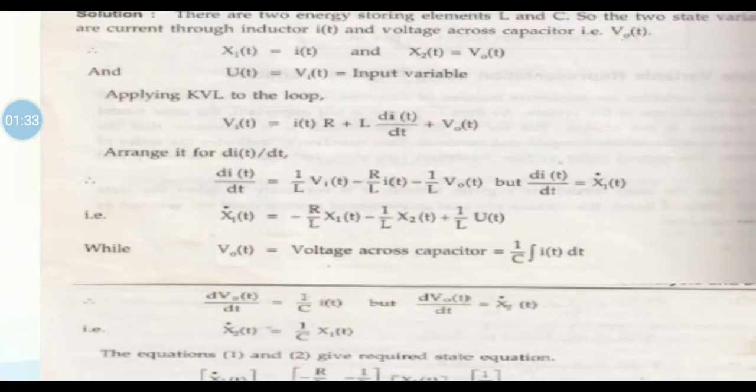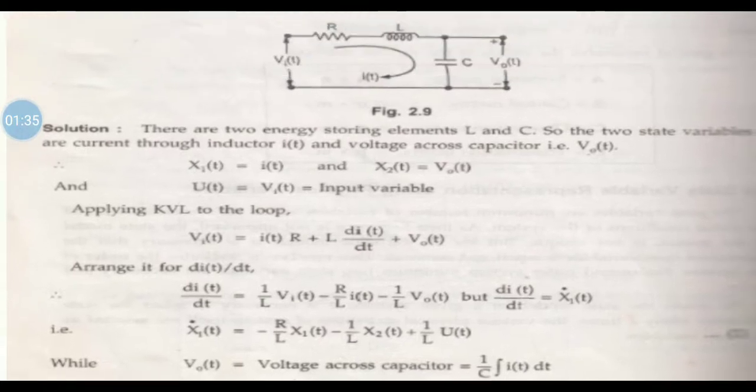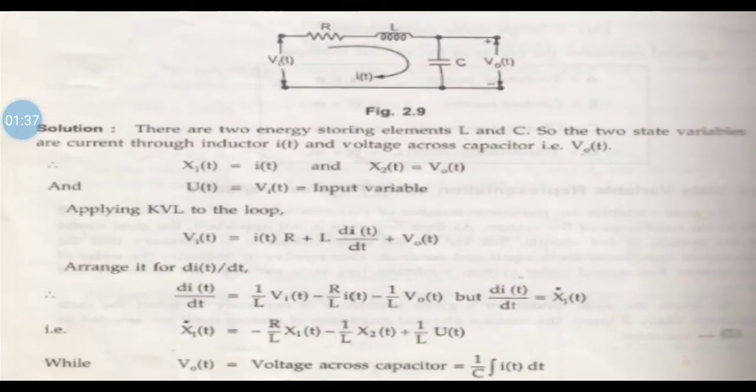Arrange it for di of t by dt. So di of t by dt is equal to 1 by L Vi of t minus R by L I of t minus 1 by L V naught of t.